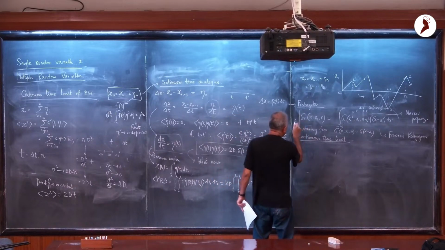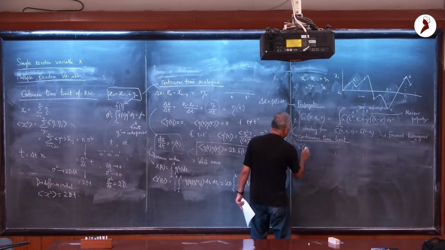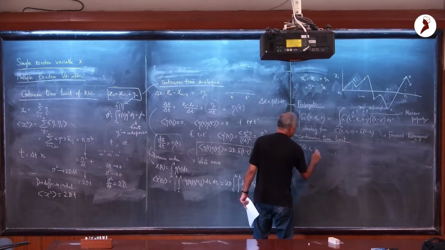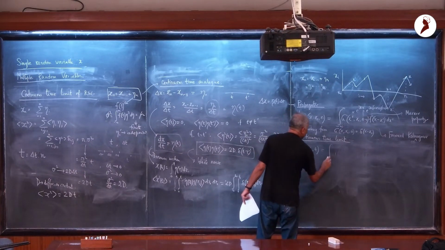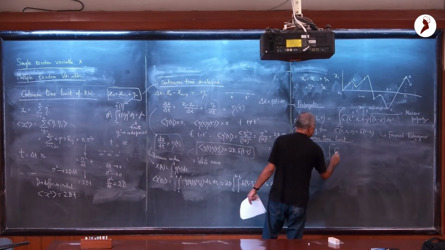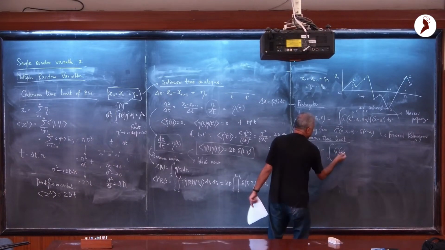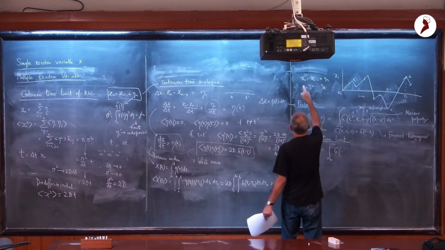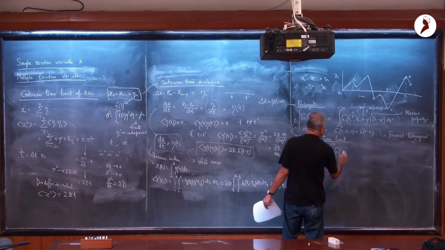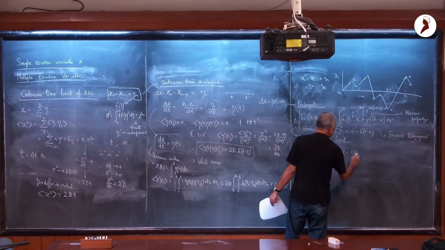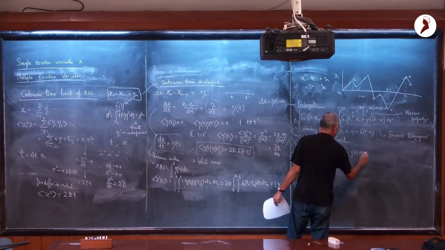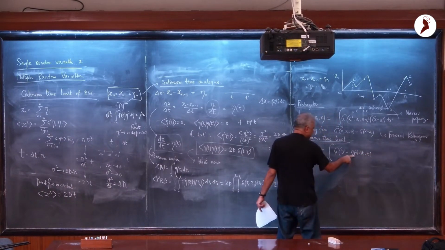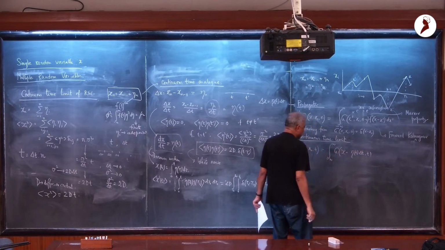So I can write down this as G of x, x naught, comma t. That means at the previous time step, I was at x prime, and x prime is just x minus delta x. So that means x minus eta t delta t. So I was there, and then I made a small jump by eta t delta t, and I arrived at x. Okay.